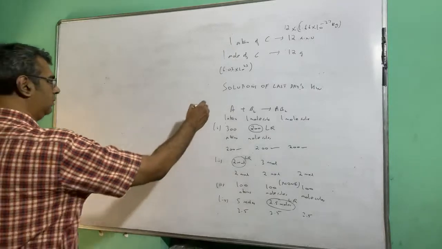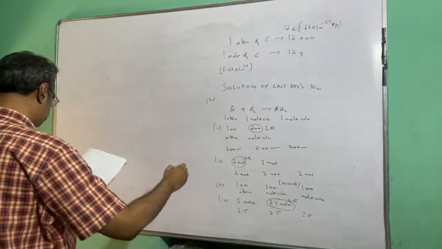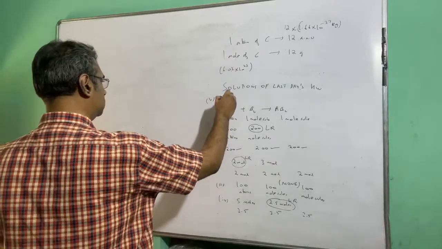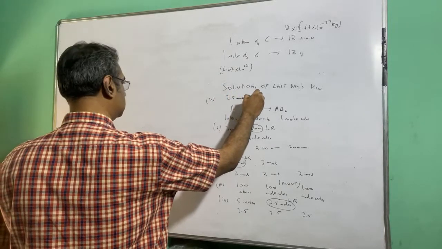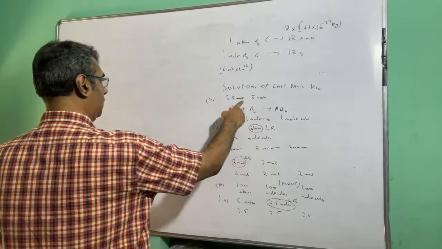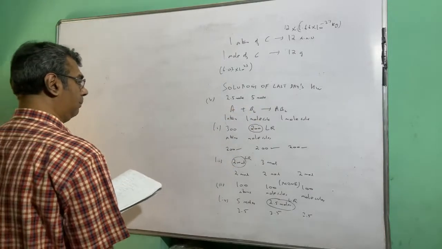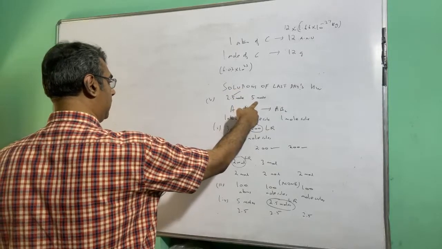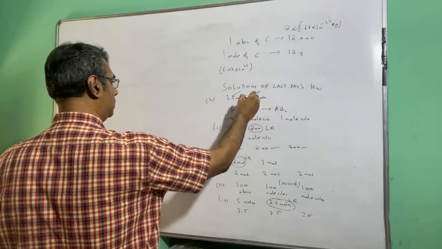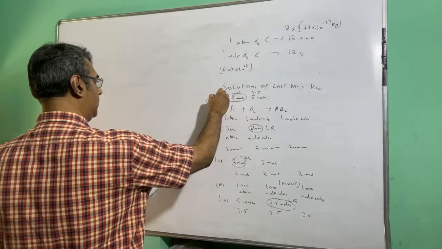Then we come to number 5. 2.5 mole and 5 mole. So this is 2.5, it will be used fully. This is 5, only 2.5 will be used. So this is the limiting reagent.